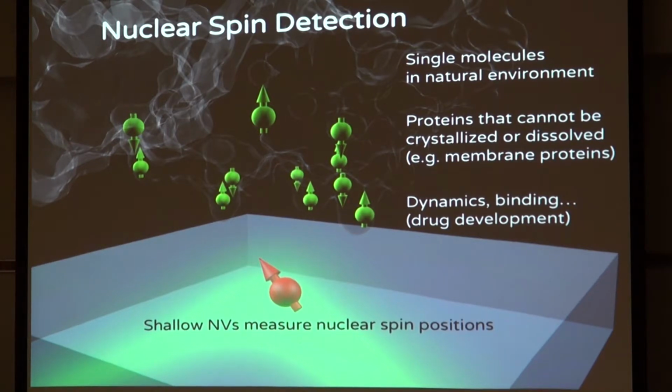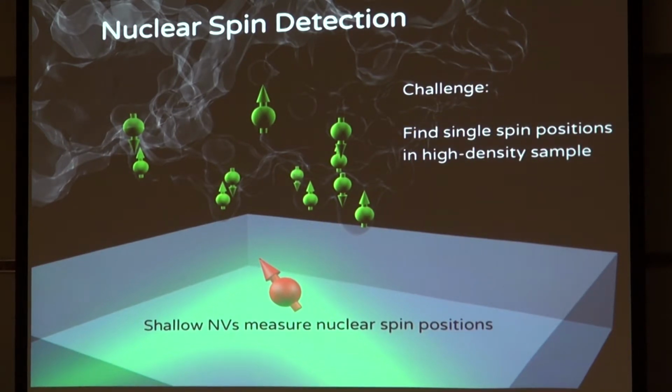Of course, there are many challenges because intrinsically nuclear spins are, if you want, very tiny objects in terms of the magnetic field and the signal that they produce. That's why you typically have these large NMR systems, or you need to use X-ray crystallography. But beyond the problem of trying to really just increase the sensitivity of NV centers to the nuclear spin, there is also a second challenge, which is the fact that typically proteins and biomolecules are very dense objects.